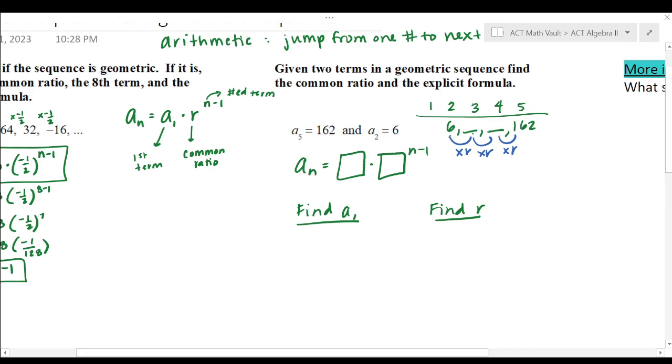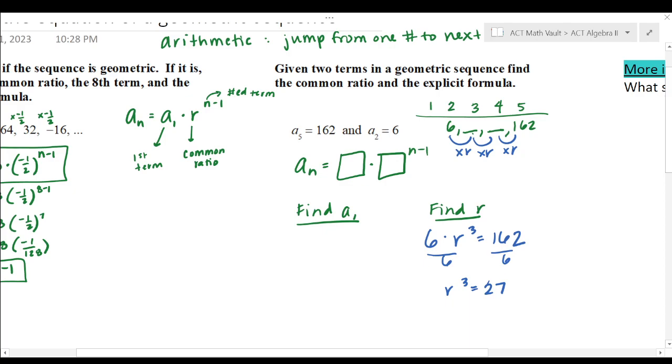So to figure out this r, I could write a little formula. I could say 6 times, isn't it 3 r's, is going to get us to 162. So if I divide by 6 on both sides, I get r cubed equals, and that's 27. You can use a calculator.